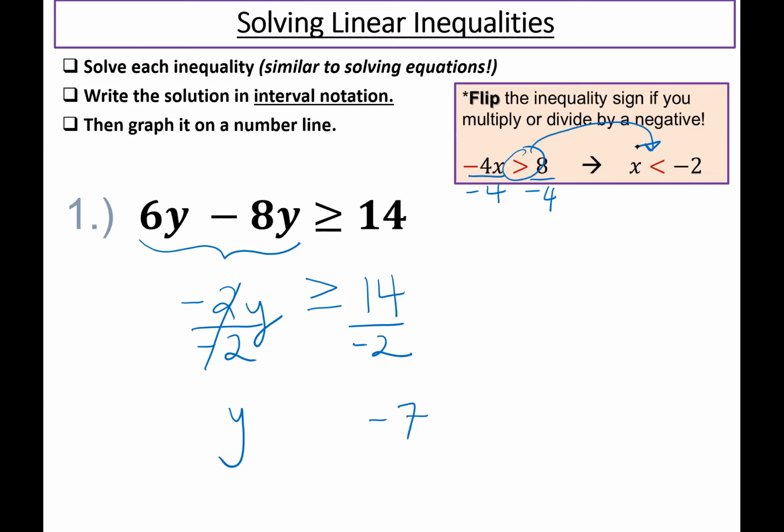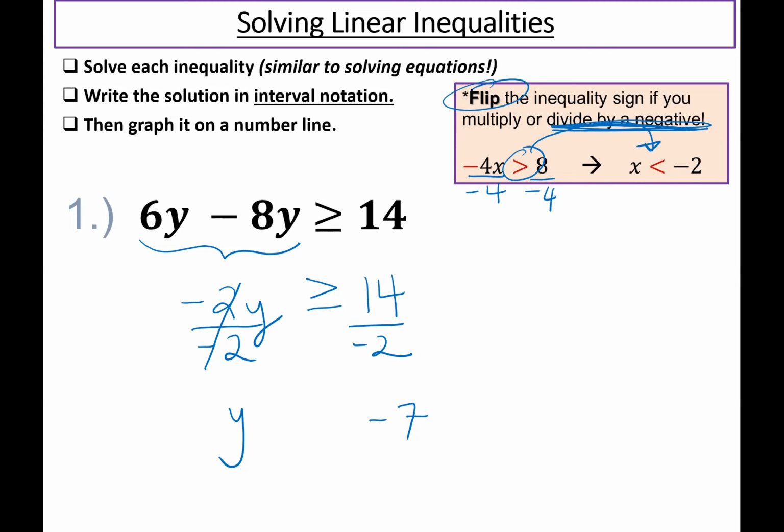It switches directions and becomes a less than symbol. So let me restate our example and we'll get to the answer. Negative 4x is greater than 8. If you divide both sides by negative 4, our answer becomes x is less than negative 2. So again, if you are multiplying or dividing by a negative, that's when you will flip your inequality sign.